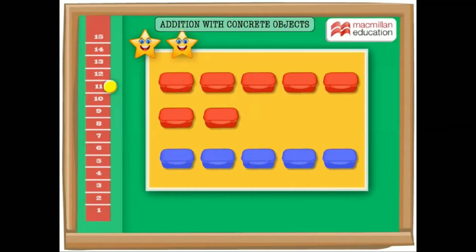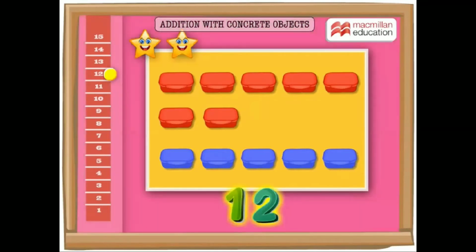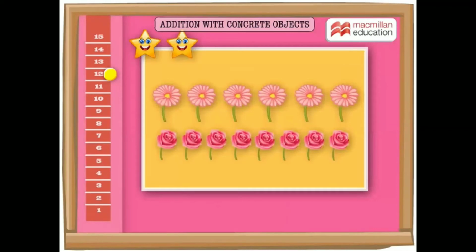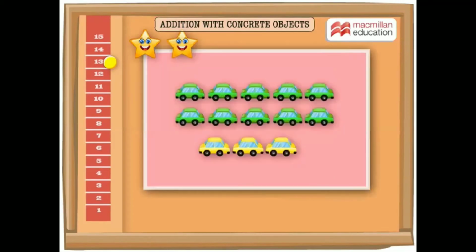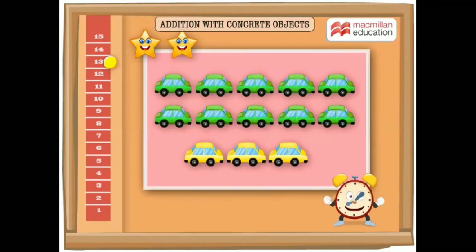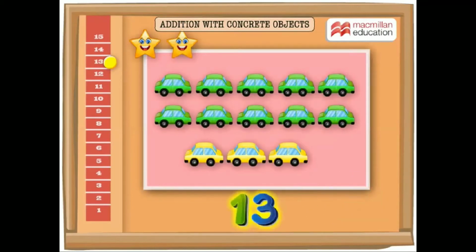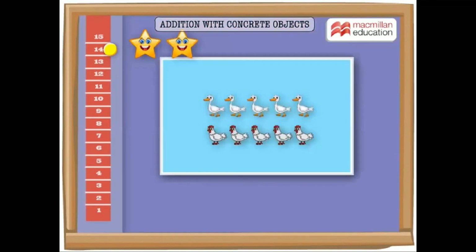How many lunch boxes are there altogether? 12 lunch boxes. How many flowers are there altogether? 14 flowers. What is the total number of toy cars? 13 toy cars.